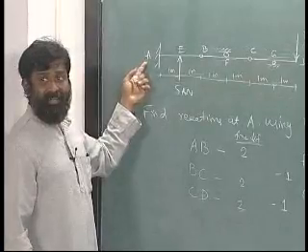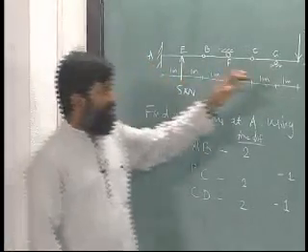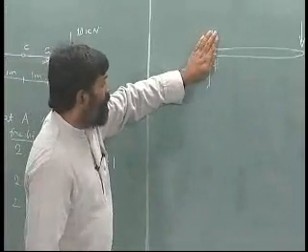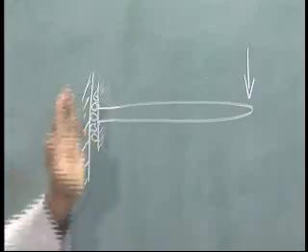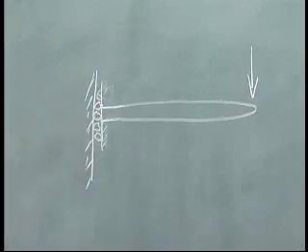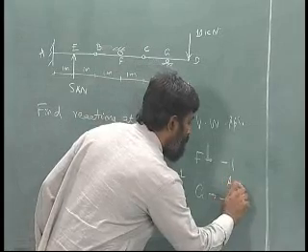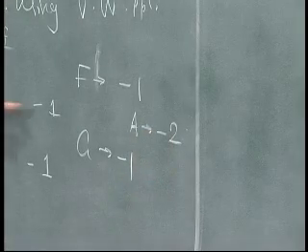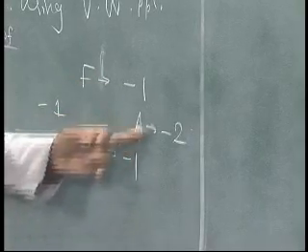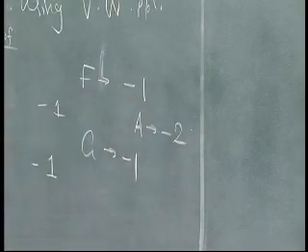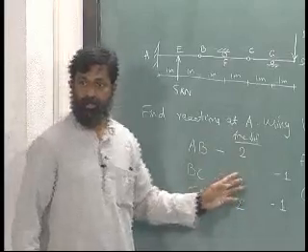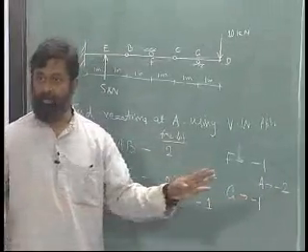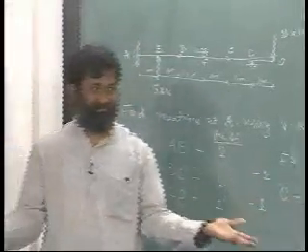How about A? A I have arrested like what we have done here, we have arrested both rotation and vertical displacement at A, which means A offers -2. So, let us total them: -1, -1, -1, -1, -2, total is 6. I have 6 degrees of freedom, constraints are 6, which means I am not left with any degree of freedom.